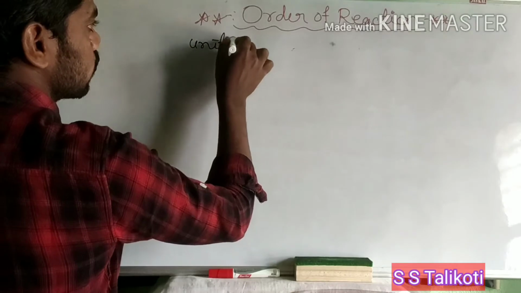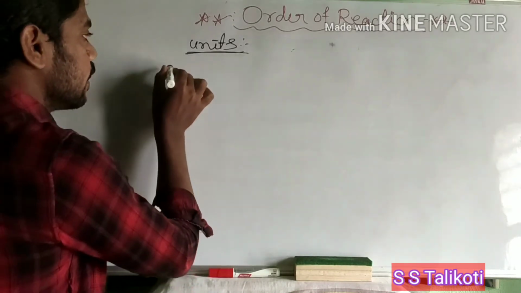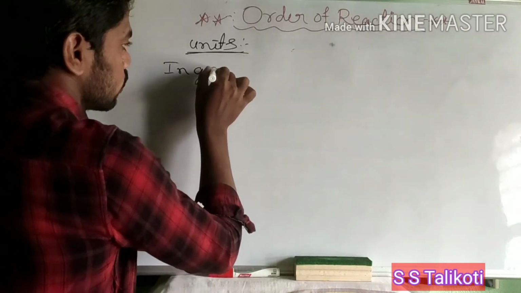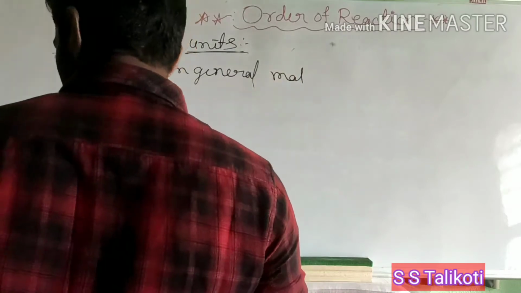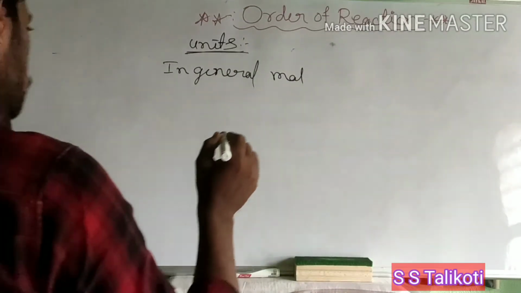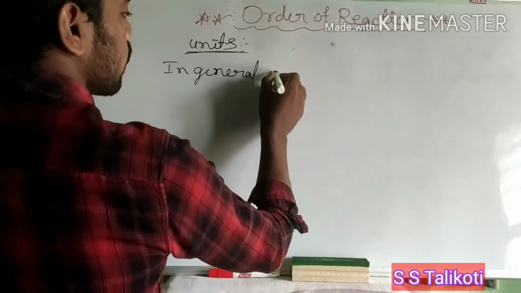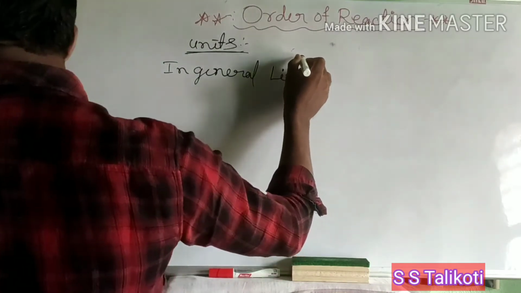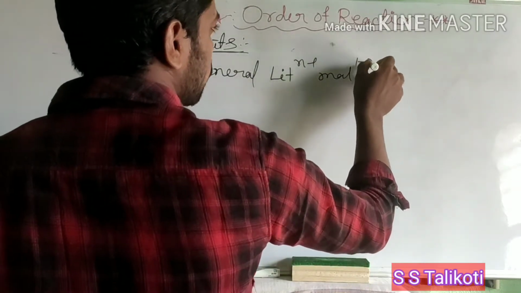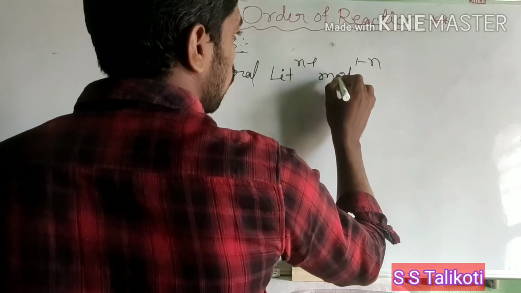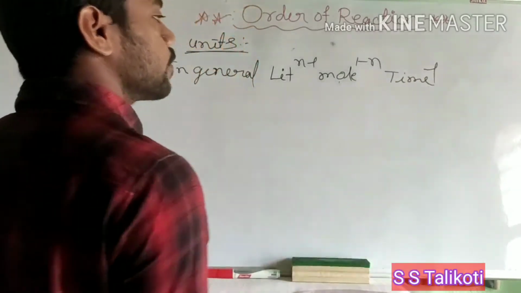In general, you have to remember this: mole to the power 1 minus n, liter to the power n minus 1, per second.